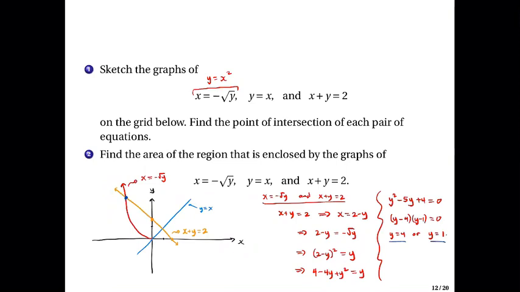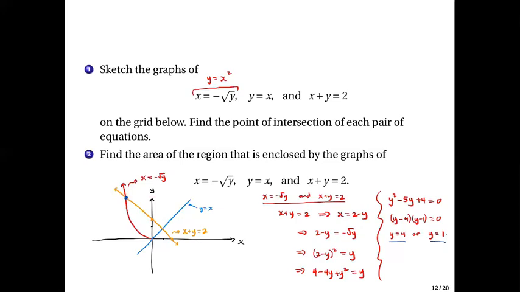But as you can see in our sketch, we only have one point of intersection. So we have to get which point is that. And of course, you can guess. It's high up here, so maybe it's the higher number for y, which is y equals 4.